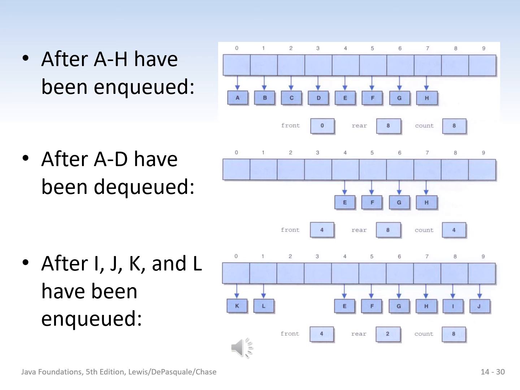So then we enqueue I, J, K, and L. And they go where you would expect. 8, 9, 0, and 1. So now the front is 4, the rear is 2, and the count is 8.